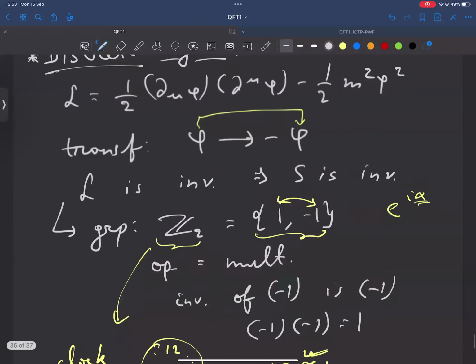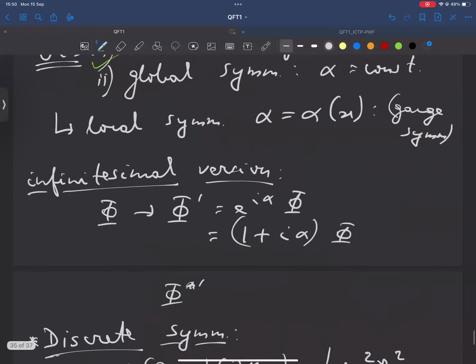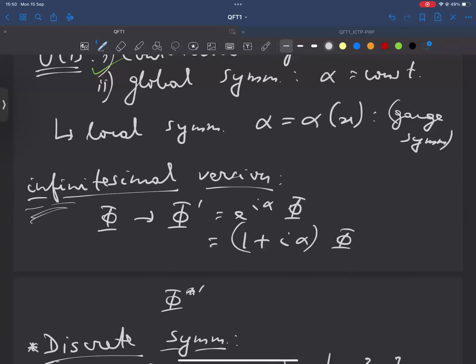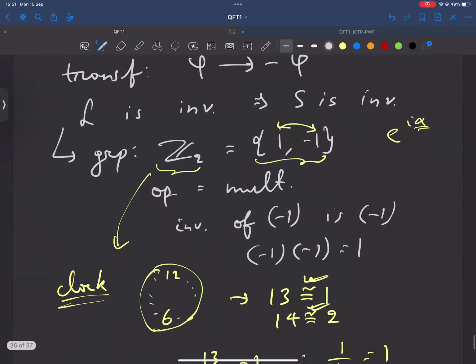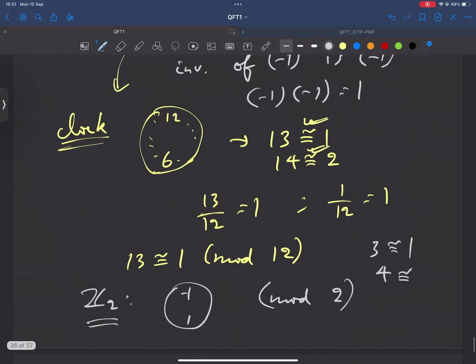Because of this, you cannot write an infinitesimal version of this, because the way we could write the infinitesimal version was because the parameter was continuous. We could Taylor expand, and Taylor expansion involves taking derivatives. But taking derivatives means the function should at least be continuous, and here it's not the case.